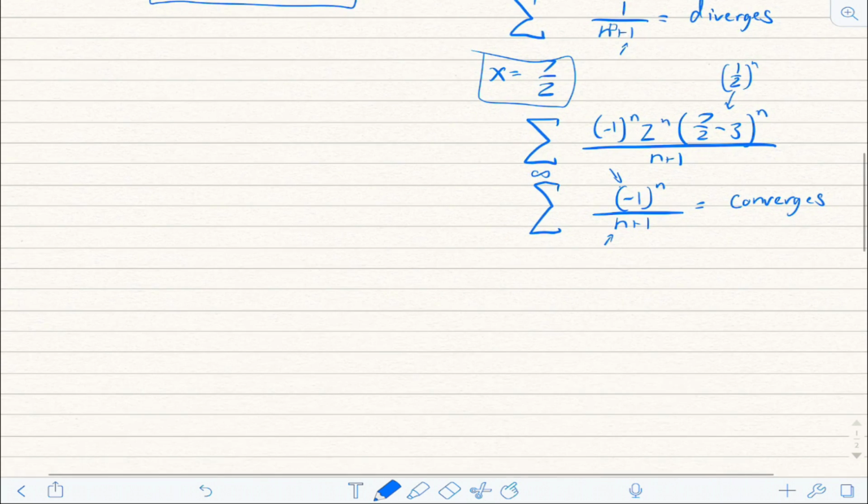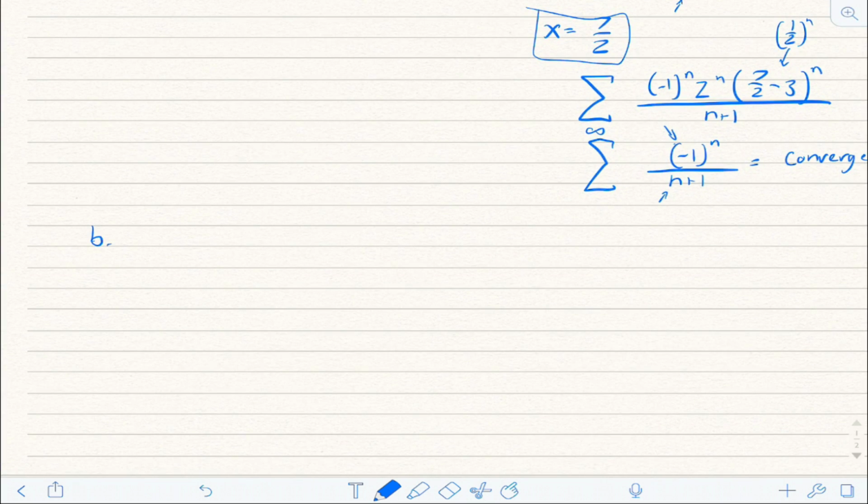Now moving on to part B, I'm going to write out each of the terms to help us figure out some of the values. So I'm going to write the sigma notation, n equals 0 to infinity, of negative 1 to the n, 2 to the n, times x minus 3 to the n over n plus 1.